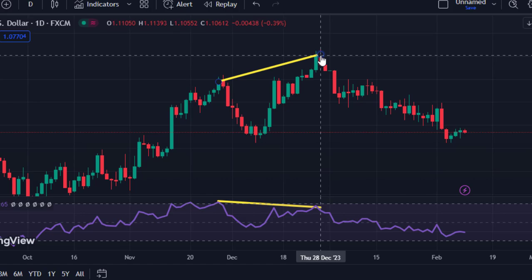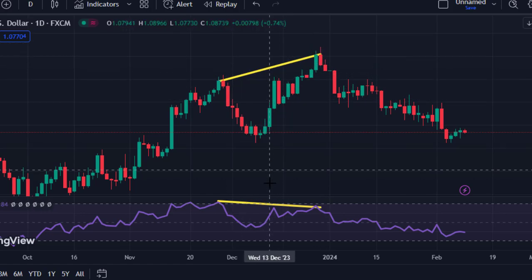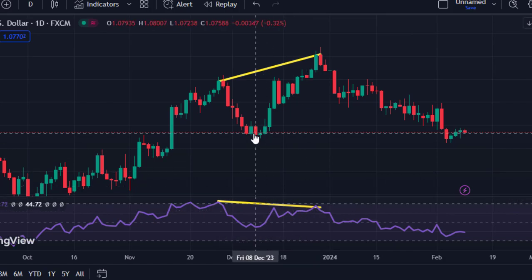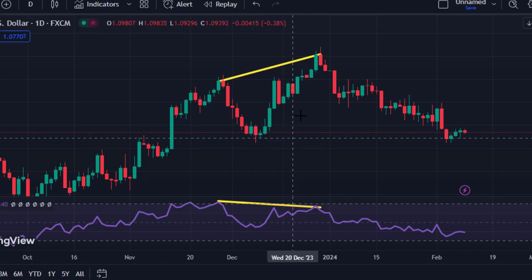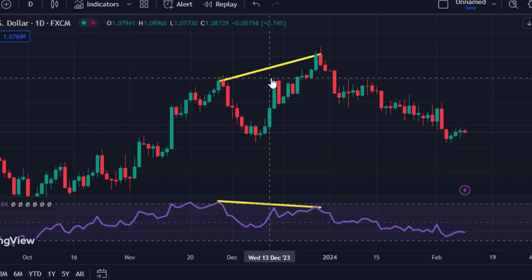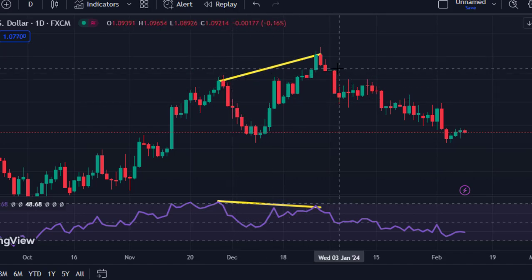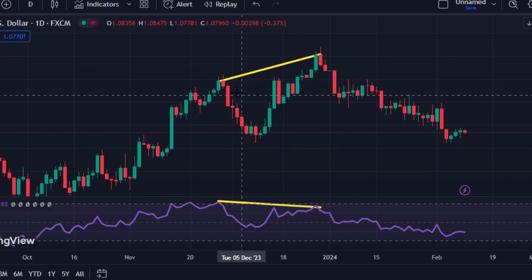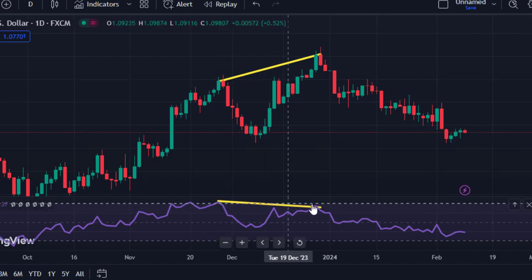Now, this creates a difference between the price chart right here and the indicator. So these differences indicate that the market is about to turn. Okay, there will be a change in market trend. So in this case, we call this very movement divergence between the price chart and the indicator.